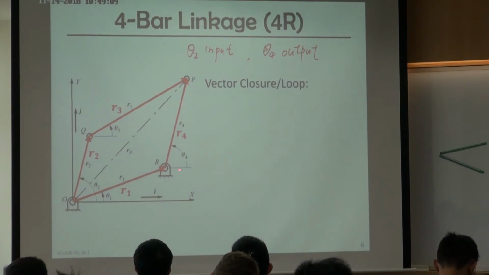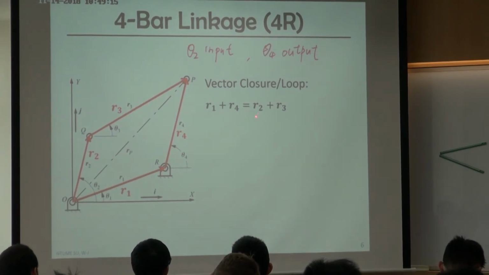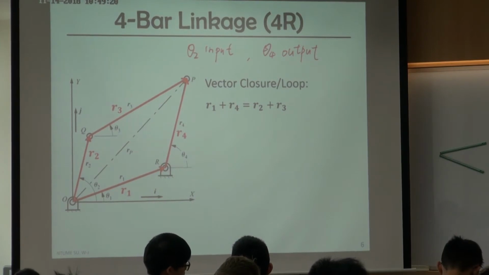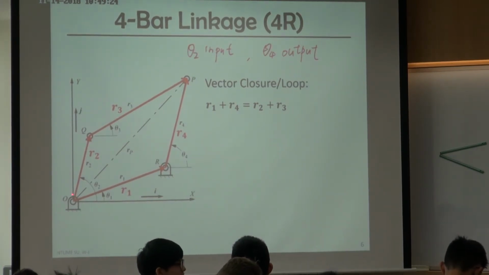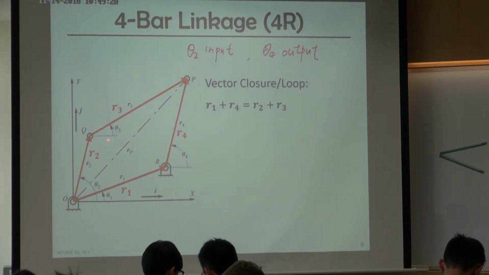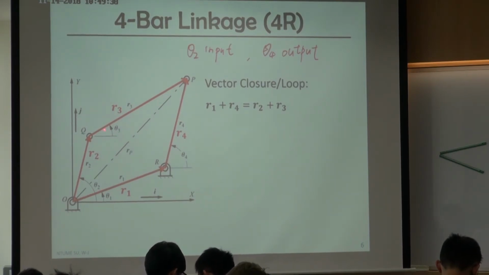If you reverse them, you will just change the equation, moving terms from the right to the left or vice versa. In my drawing, R2 and R3 point in this direction, and R4 points from here to here. So in this case, it's R1 plus R4 equals R2 plus R3.